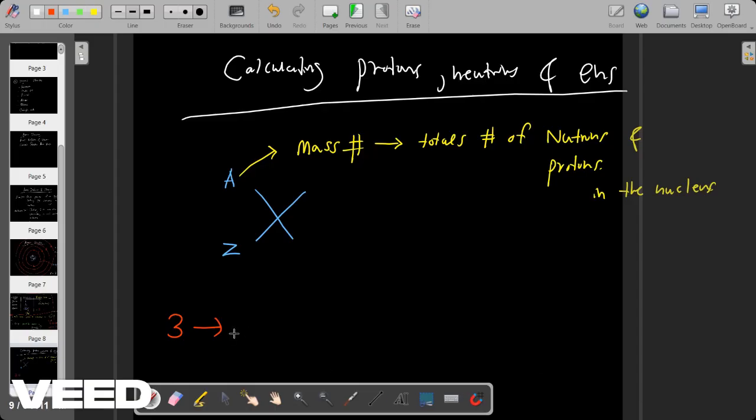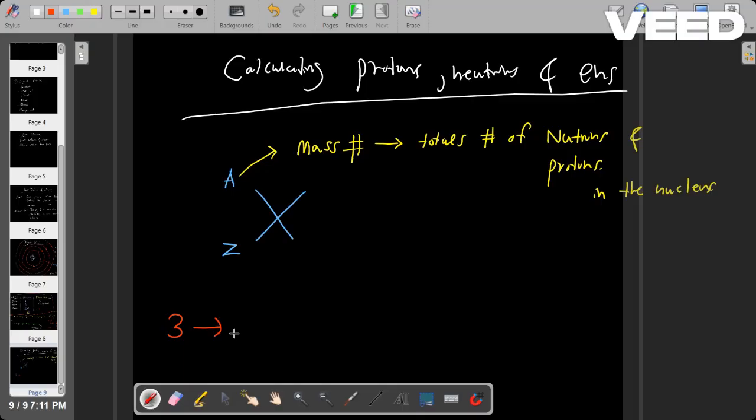What is the value here? Any answers? If the mass number is equal to the total number of neutrons and protons, and the mass number is 3, the total number of protons and neutrons is equal to 3, right?